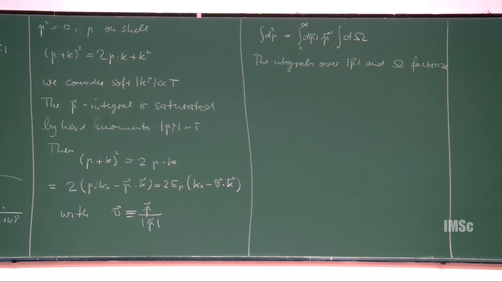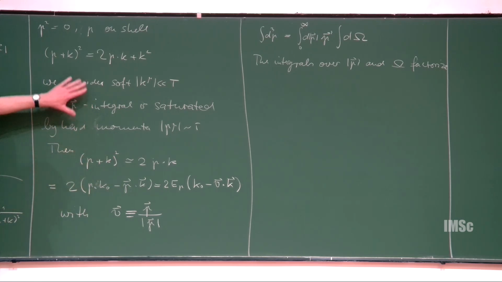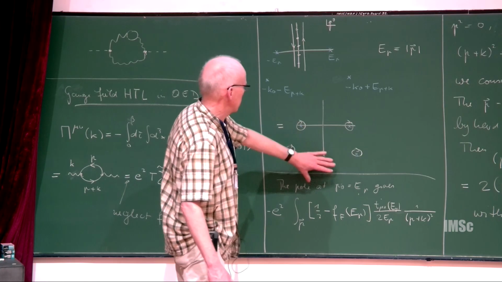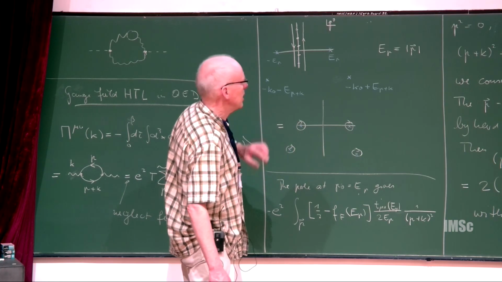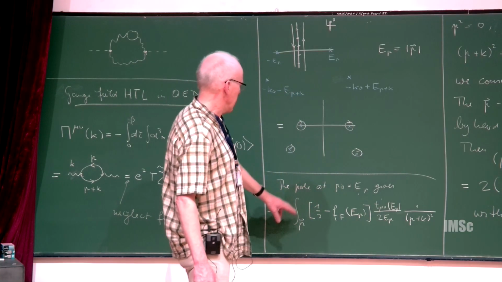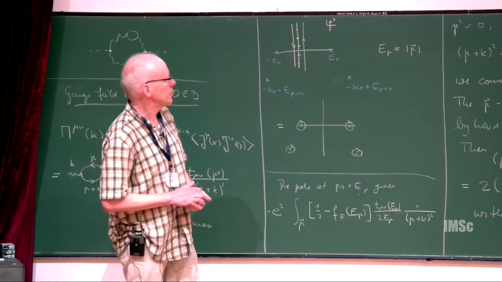Okay, sorry, I forgot to say one thing. When I did this argument here, I have done the analytic continuation already. Because originally, before I did the sum, I had to take the k naught to be a Matsubara frequency, but after this step of doing the contour integration, I can do the analytic continuation.